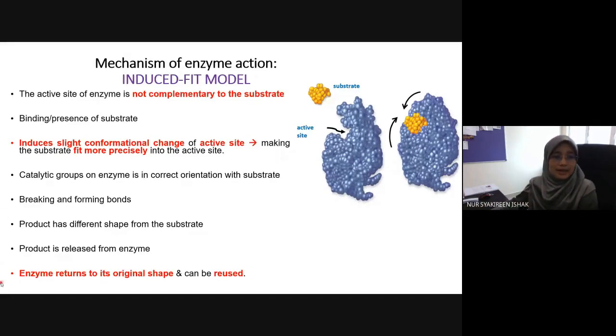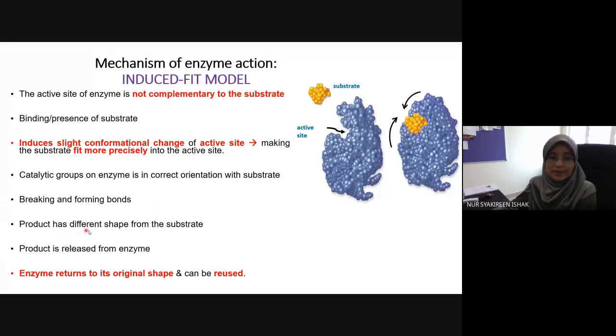So it says the next point here, catalytic groups on enzyme is in the correct orientation with the substrate. Within this active site will have catalytic groups, for example, you can have the cofactors that are involved in breaking the bonds of the substrate and forming new bonds. Okay.